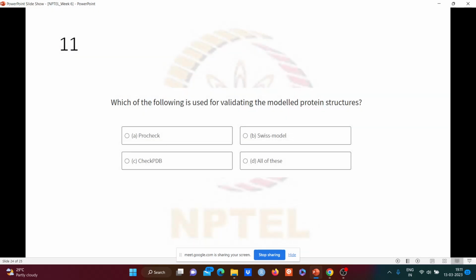Moving on to the other question. Which of the following is used for validating model protein structures?